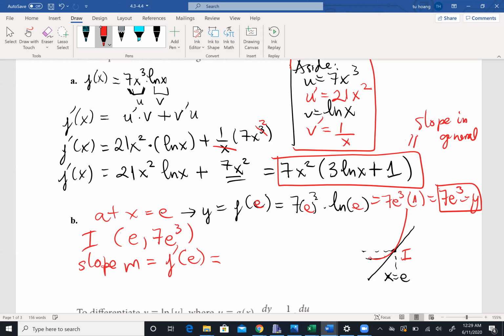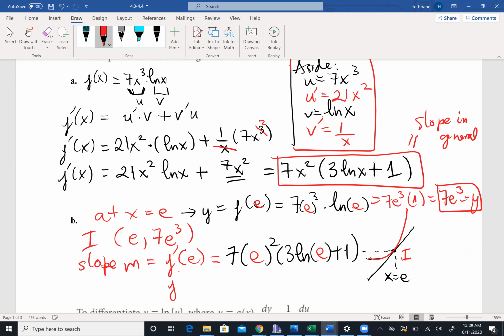So then you're going to have 7 something squared, times the 3 ln of something plus 1. And what is that thing? I know that it is e here.